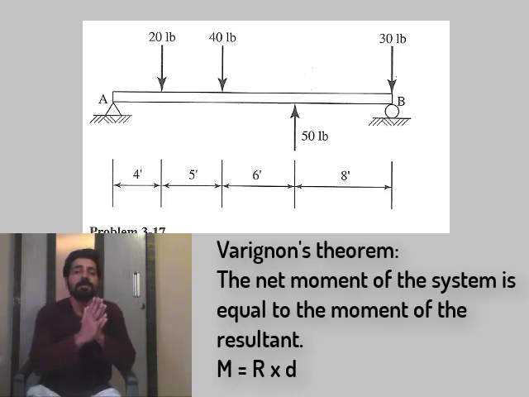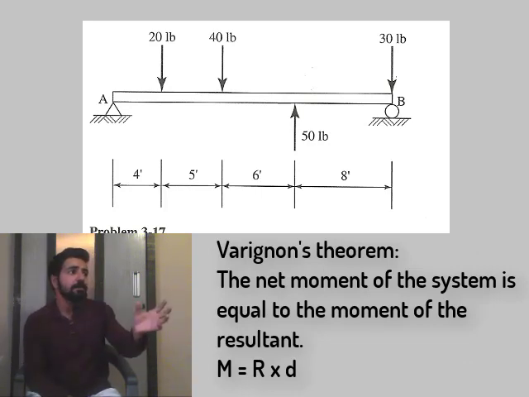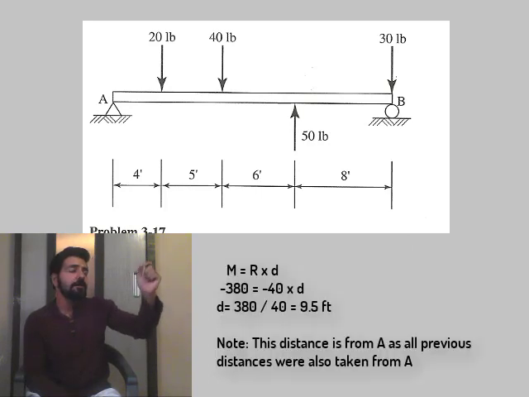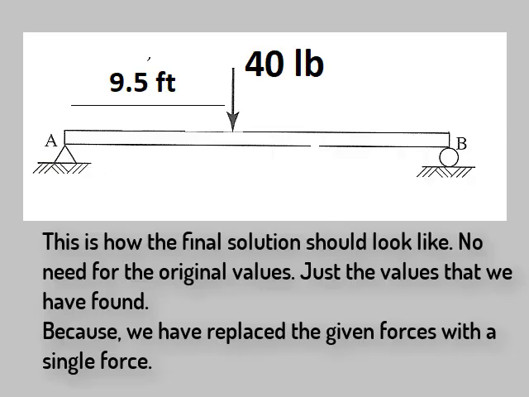So if we can just equate this net moment to moment of resultant, that is resultant force into distance. This distance is unknown that we need to find here. There you go. That's how you simply solve a parallel force system.